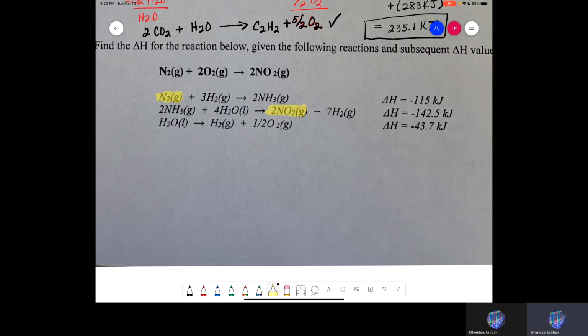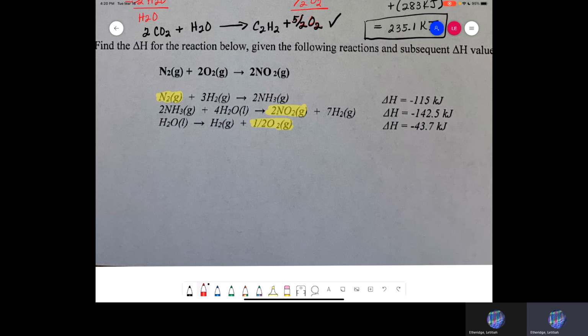And then let's take a look at the third equation. We have oxygen, we have water, we have hydrogen, and then we have oxygen, which seems to only reside in that third equation. Okay, so those are the compounds that we are going to use to make up our rules.